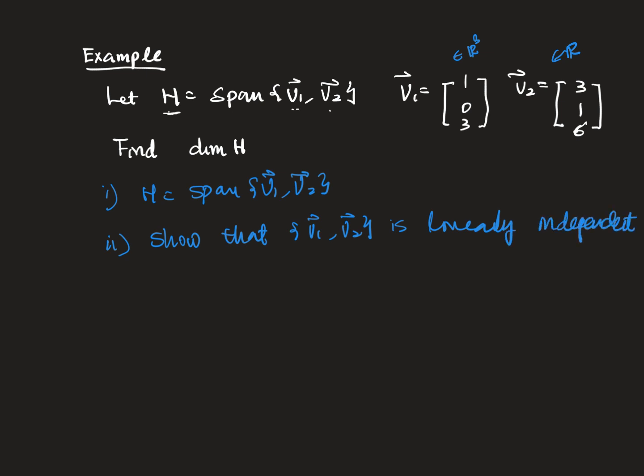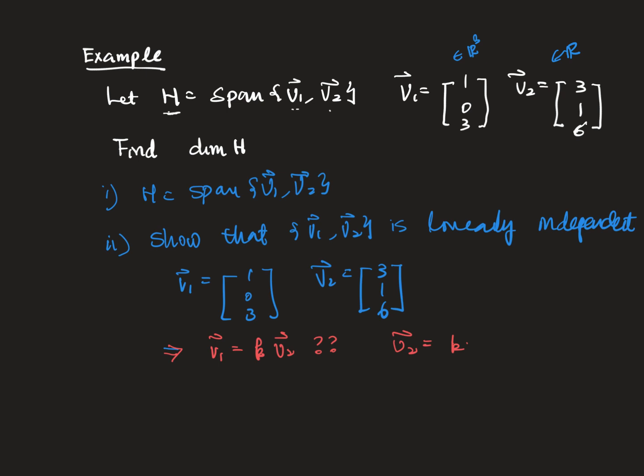How can you show this is linearly independent, guys? Look at V1, (1, 0, 3), and V2, (3, 1, 6). A very easy way to show it: you can check whether V2 is a scalar multiple of V1, or V1 is a scalar multiple of V2. Can you find the K value?